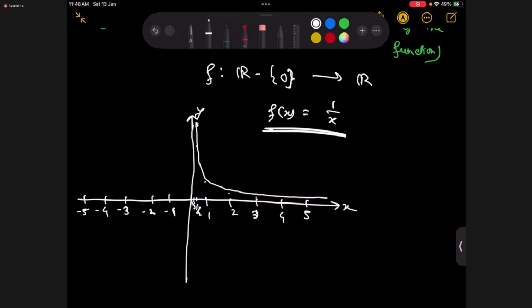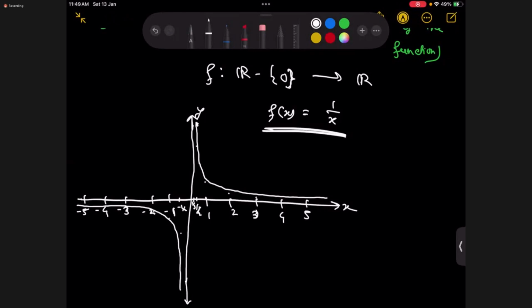And what about the negative side? When we see minus 1, then minus 1; minus 2, then minus half; minus 3, minus 1 by 3; and if I put x equals minus half, then it is minus 2, and so on. So this graph will be a similar kind of curve. So this is the graph of the function 1 by x.